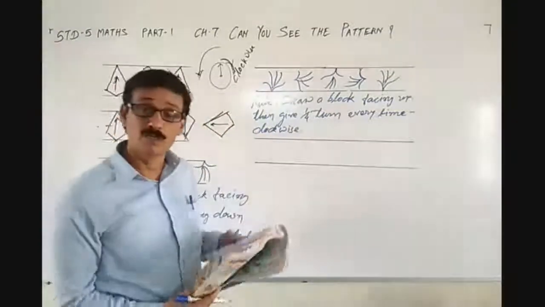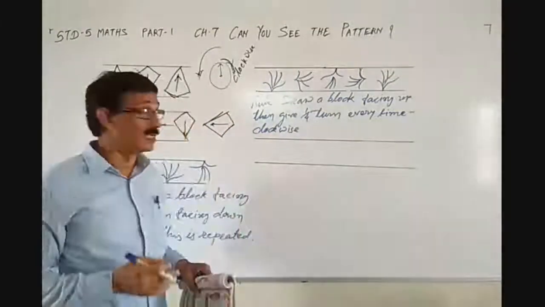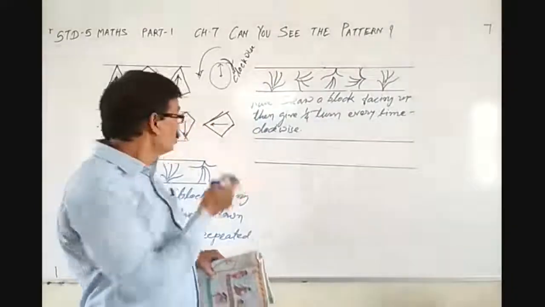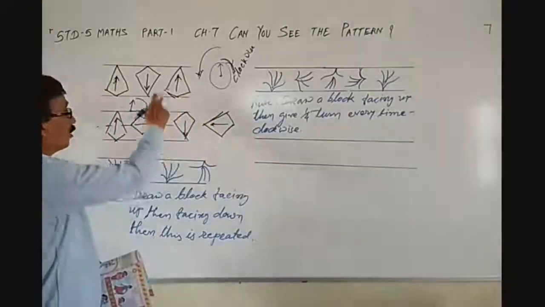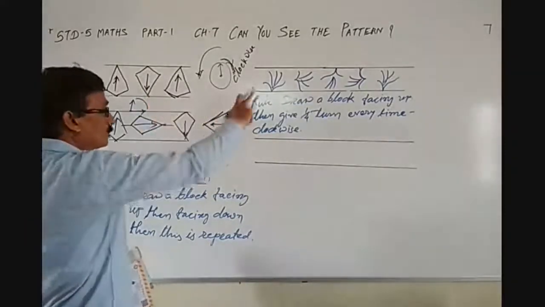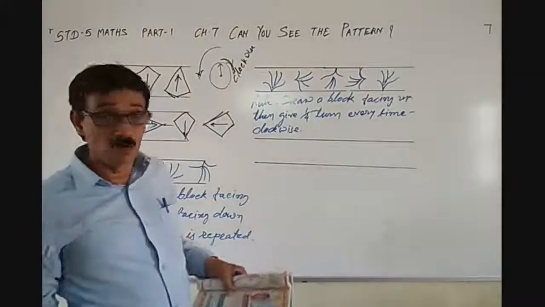Give 1/4 turn every time clockwise. So this is the rule for that. Now, see, these two rules are for this one only. Okay, this is the same as these two rules. Now let's go for our rule.